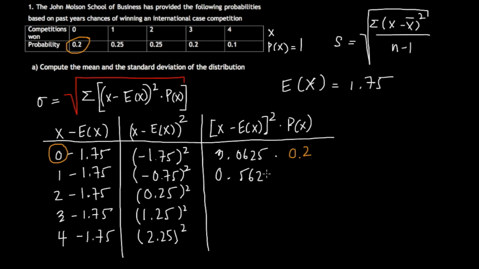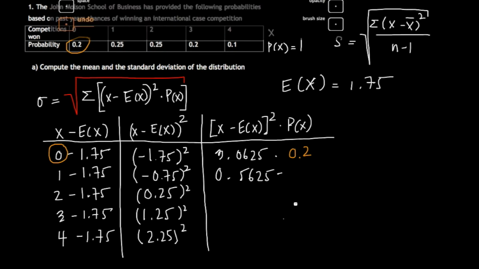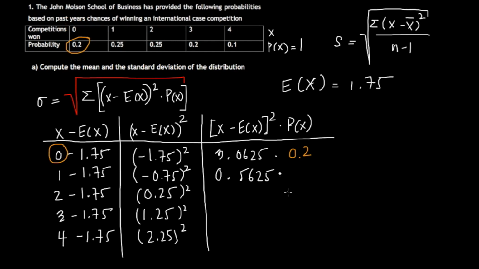0.5625 multiplied by the probability of my 1 right here. So it's going to be the 0.25.